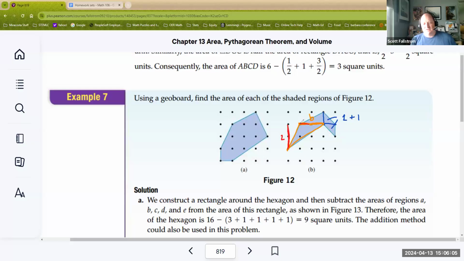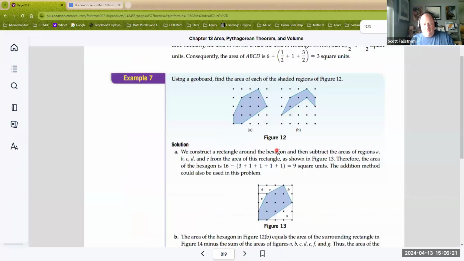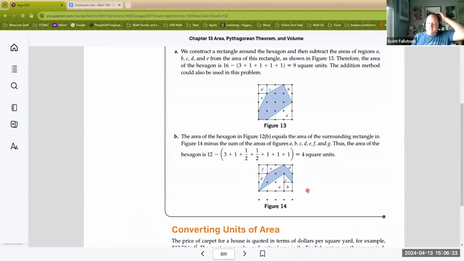So it's a base of 2 and a height of 2, but because it's a triangle, I only have half of it. So I would add on 2 units for that. And 1 plus 1 plus 2 gives me 4. So again, 4 units one way, 4 units another. It's up to you to decide which way you like better, but each of them is going to be the same.